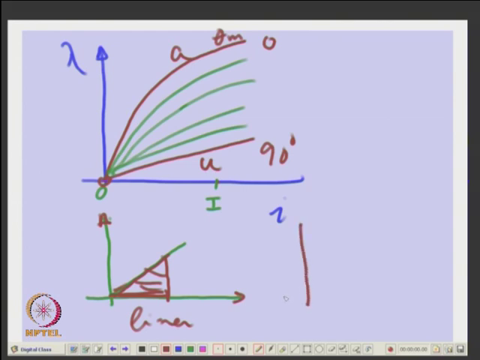The other way is, if it is saturated, then it goes here, actually it will follow the unaligned curve, then it will go and then come back here. Okay. This is saturated.